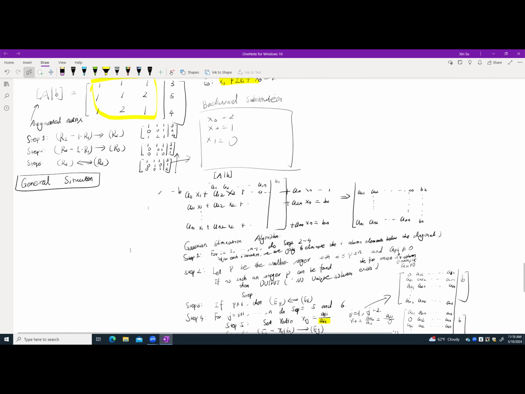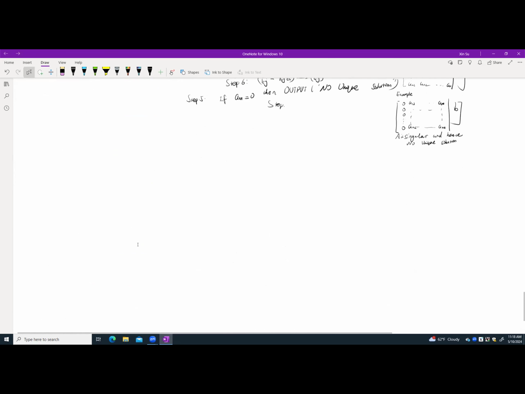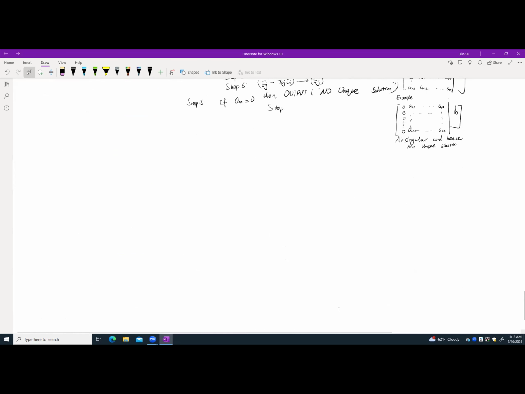I haven't included here the forward and backward procedure, but at the end you need to use the backward procedure to solve for the solution, and for that part you have big O of n squared. That is for the backward and forward procedure.